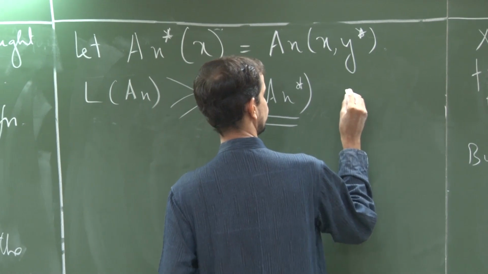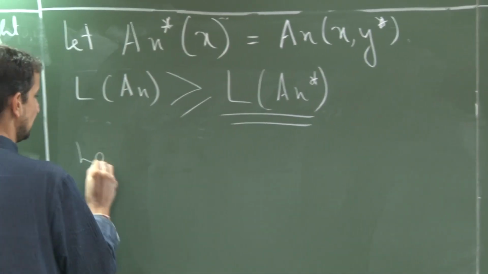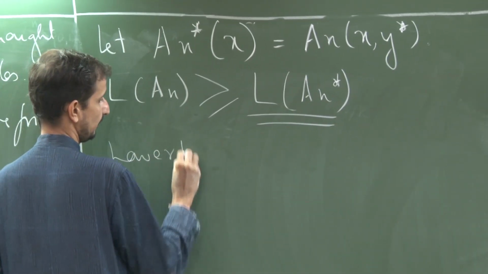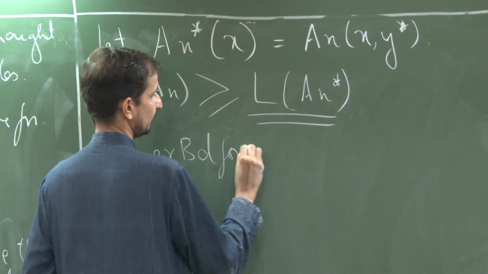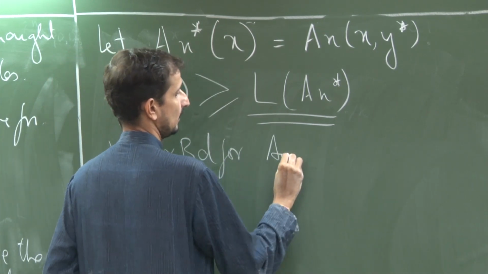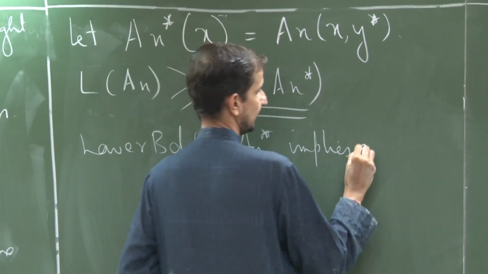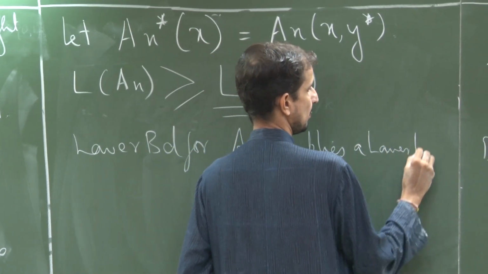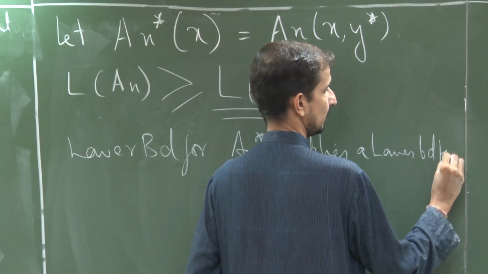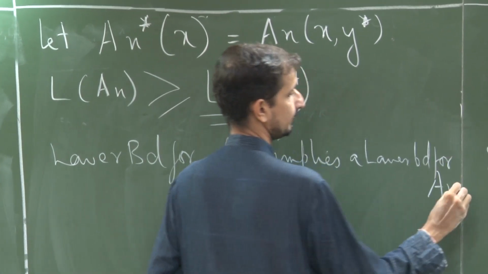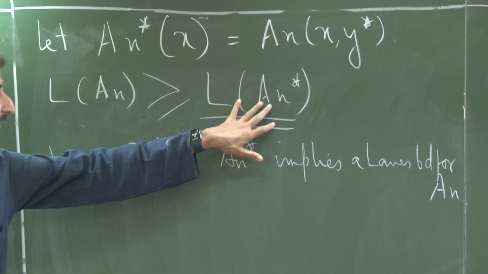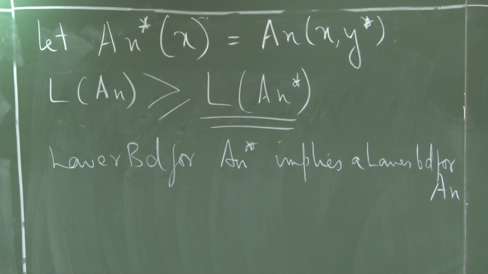Okay. So, a lower bound for A n star implies a lower bound for A n. Now, how can I get a lower bound for A n star? Let us understand the function A n star.